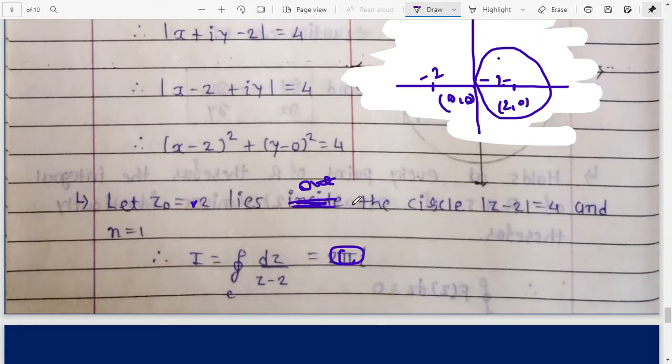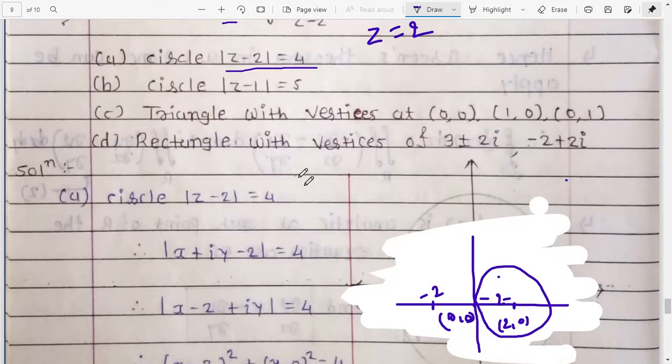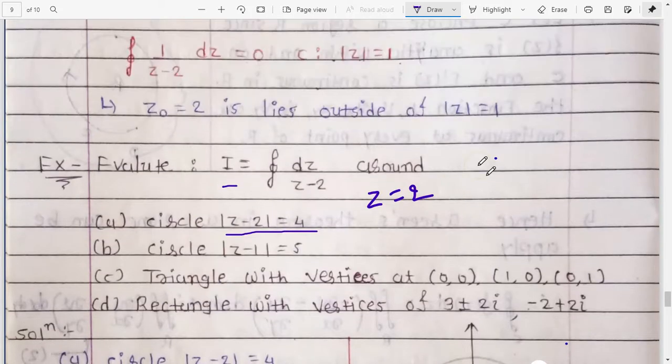So 2 is inside. Z0 is equal to 2 means Z minus 2 is equal to 0, so Z is 2.